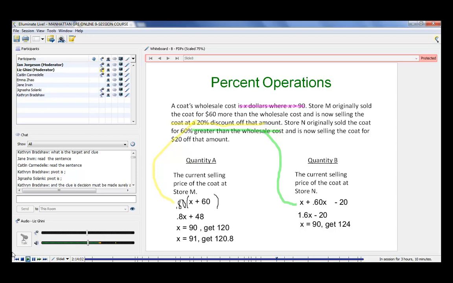Okay, 1.6 times 91 minus 20. Now this calculator knows order of operations, by the way. If x equals 91, you get 125.6. Awesome. Okay, guys, so now what does the answer have to be? Obviously B.